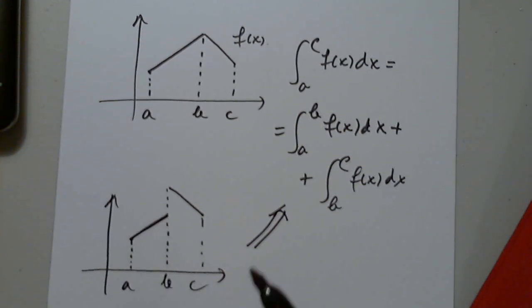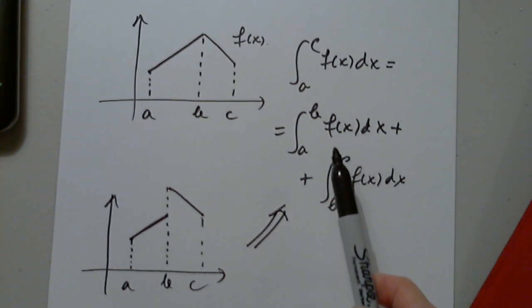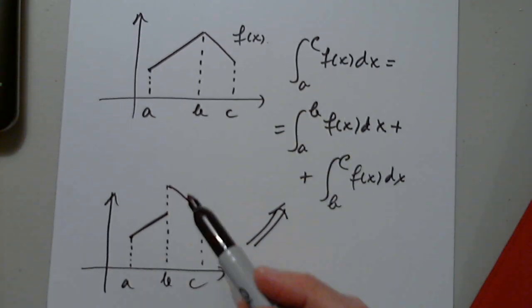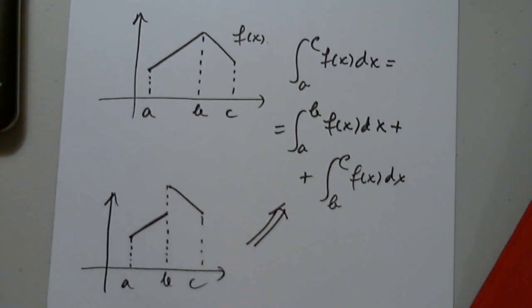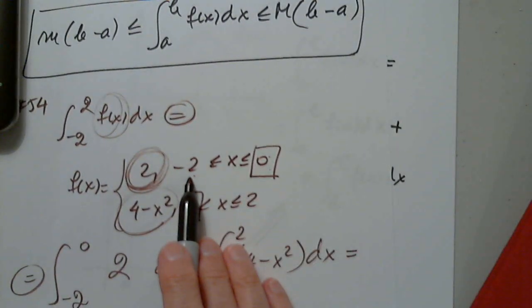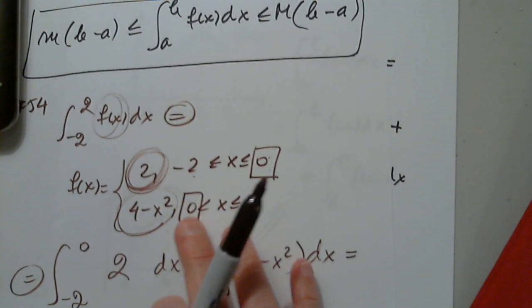But I thought we could only use this if it was continuous. Yes, the function is continuous on AB, and this function is continuous on BC. It doesn't have to be continuous from A to C if it's a piecewise defined function. In this example, at 0, this one is 2, but this one at 0 is 4.